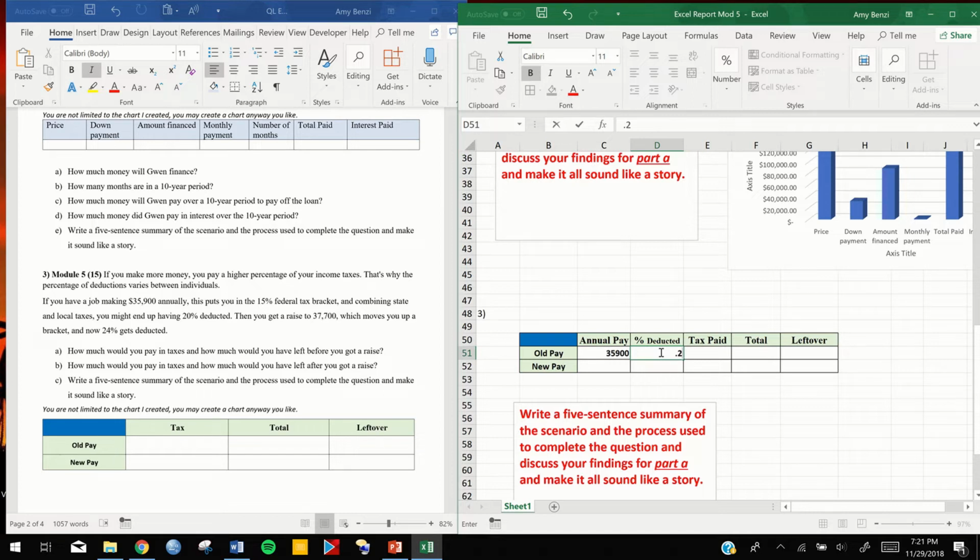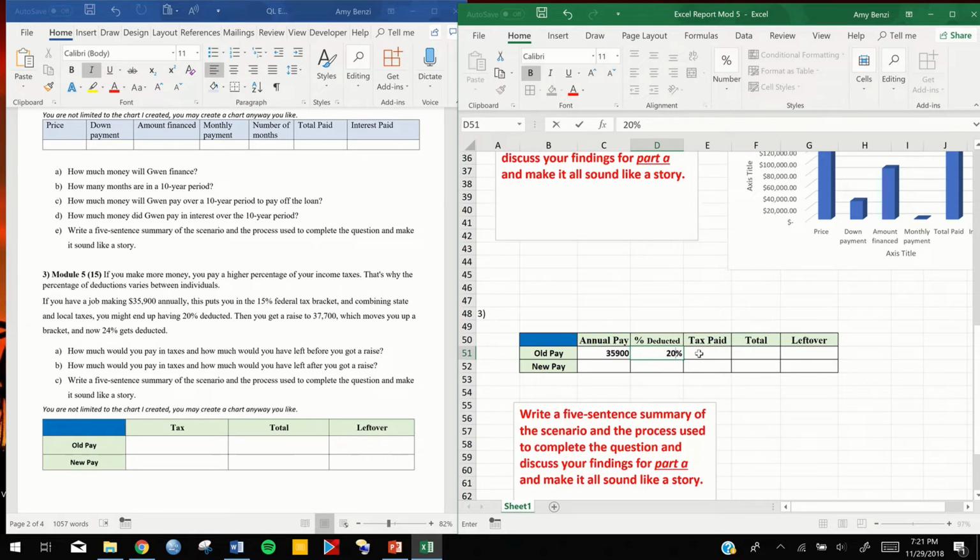0.2. Actually, I'm going to try something I've never tried before. I'm going to select these cells and go up here to number and change them to percent. So now I have 20% there.